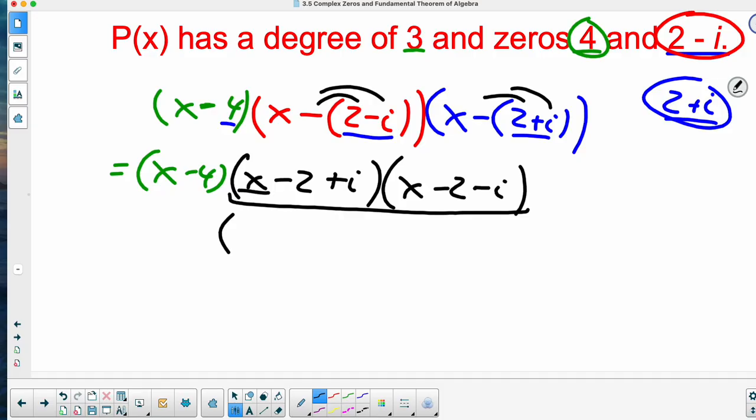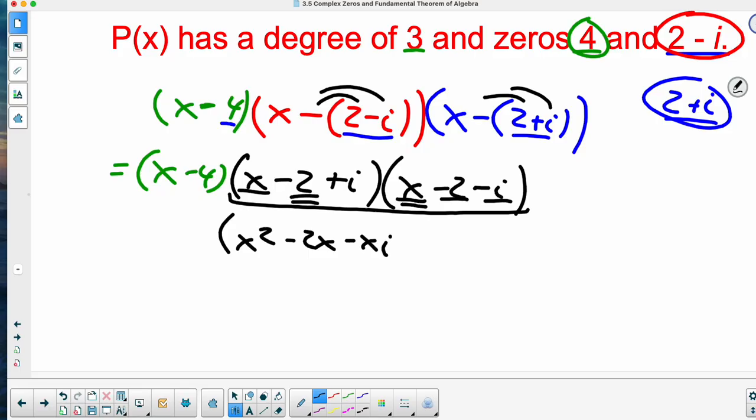So go with me. If I go x times x, what is x times x? That one's easy. That's just x squared. So this is just going to be a big mess here. X times negative 2, negative 2x. X times negative i, negative ix, negative xi, however you want to write it. Then I go to negative 2.